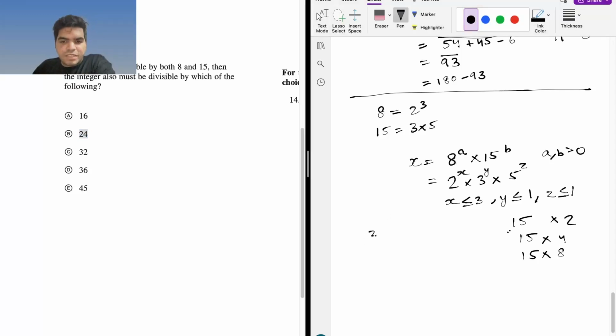24 has 2 to the power 3, correct, multiplied by 3. This is properly a subset of this part. It can even be like this, or just 2 square into 5. If 20 was an option, that must also be an answer. So for this part, 24 will be the answer. So 12th question, B will be the answer. It can be any subpart.